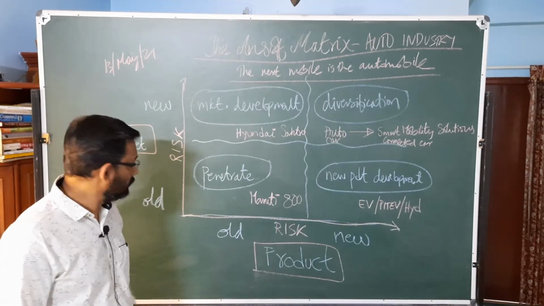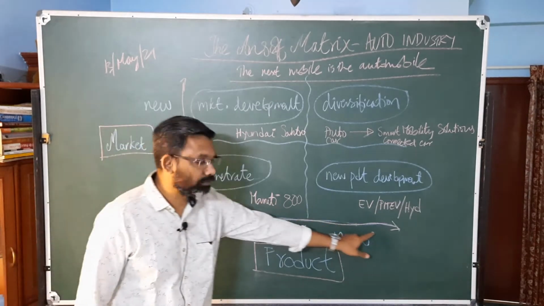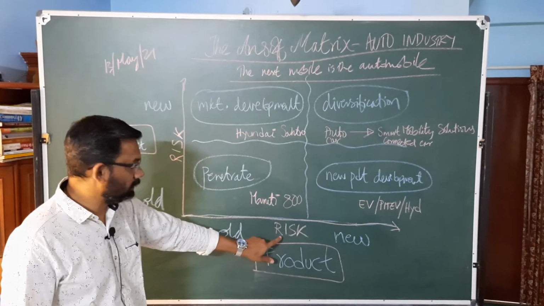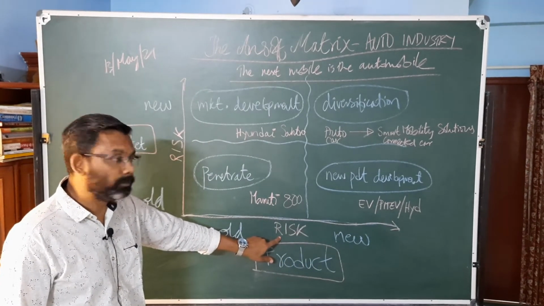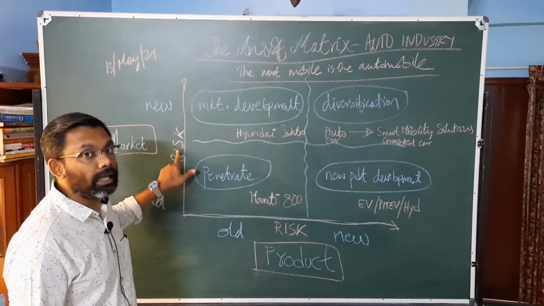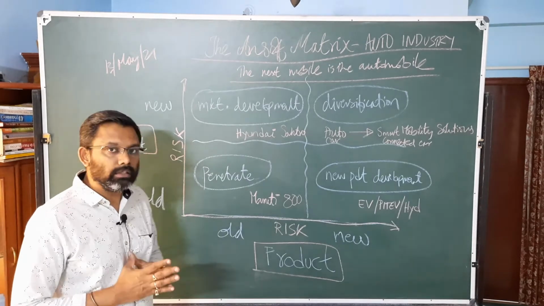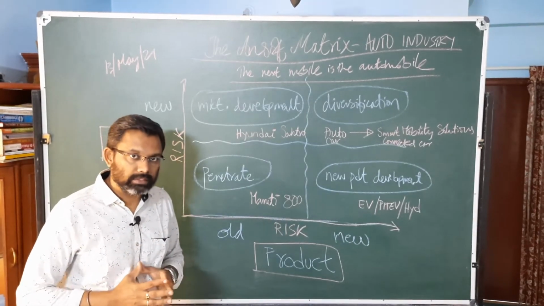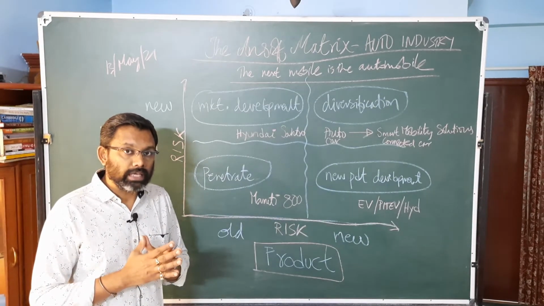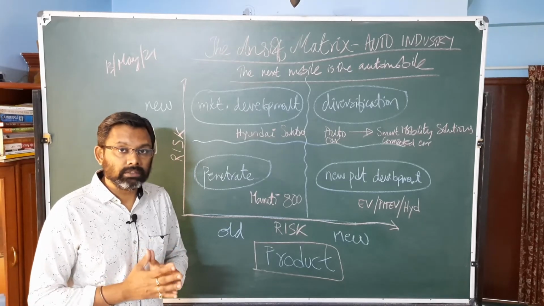Increasing in what way? Increasing in this direction. So this is the weightage of risk that we can also apply. But before we go there, let's try to understand how the Ansoff matrix has been put forth.